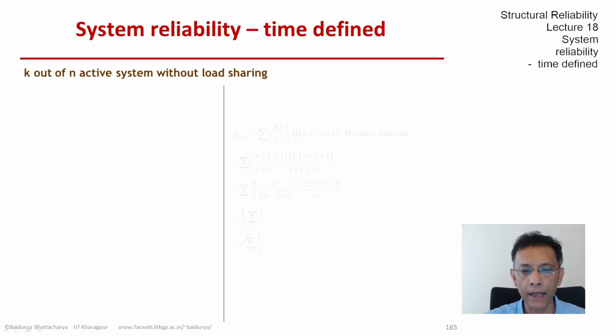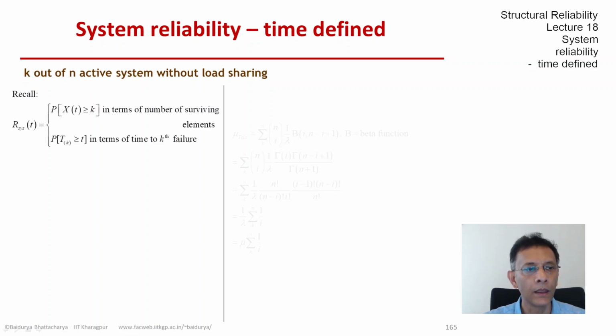After series and parallel systems, let's look at the general case of a k out of n active system, but we are not talking about load sharing yet. So all the elements of the system are mutually independent.